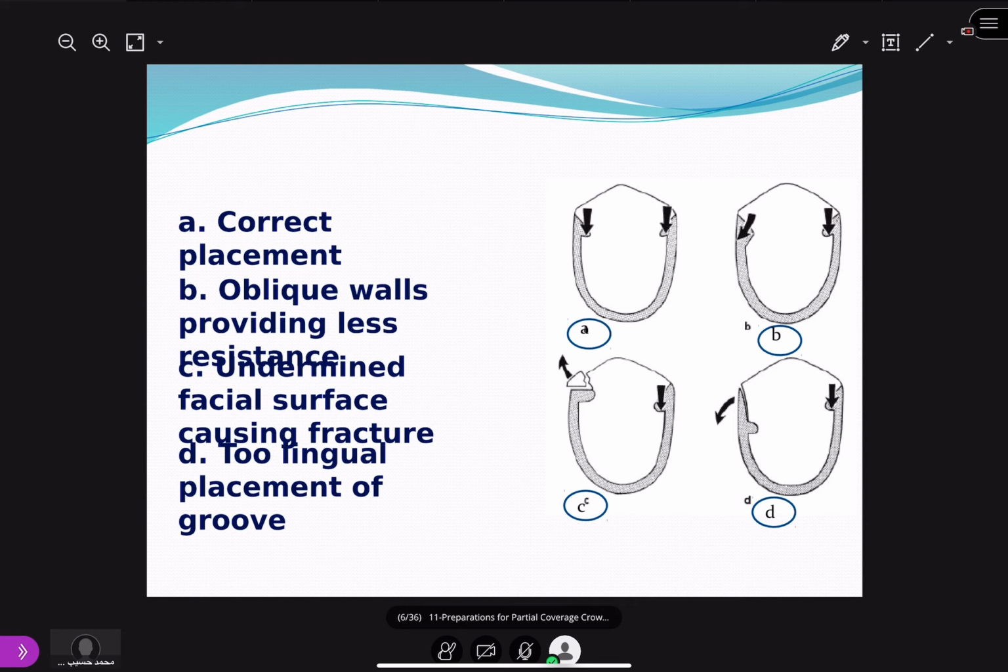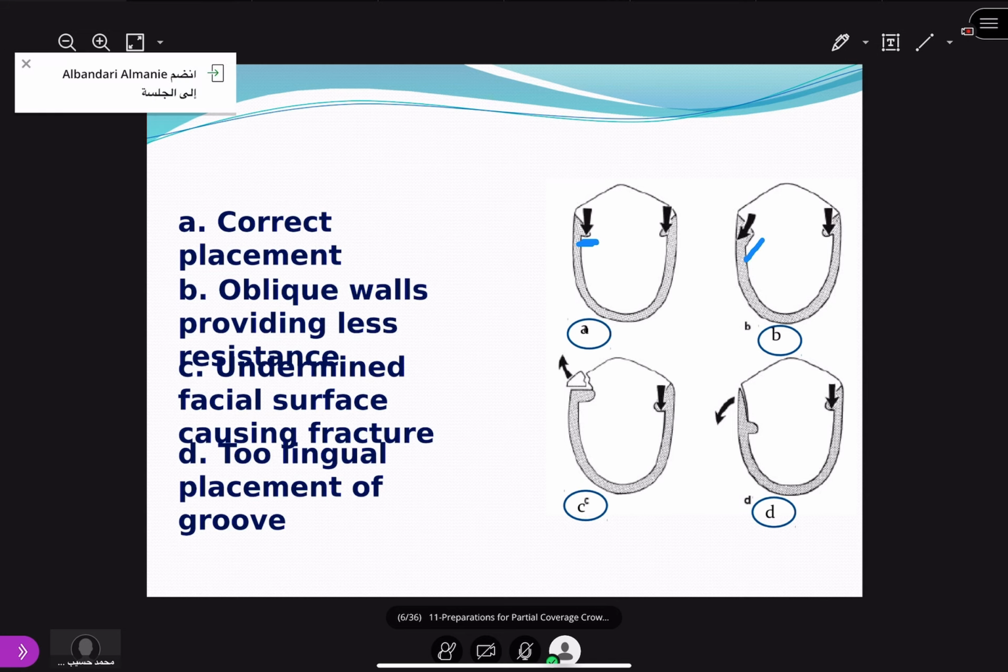Another important point is the shape of the groove. The posterior wall of the groove, as you see in picture A, should resist displacement, so it should provide retention. In picture B, if the posterior wall becomes oblique, it will not provide retention to the partial coverage crown.